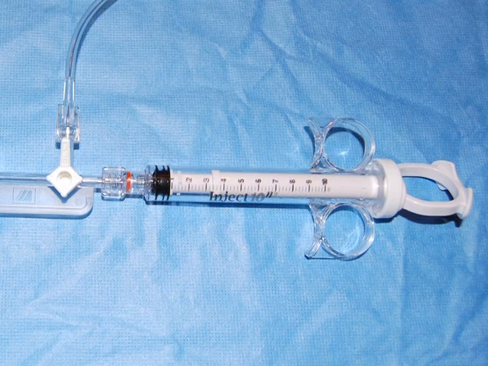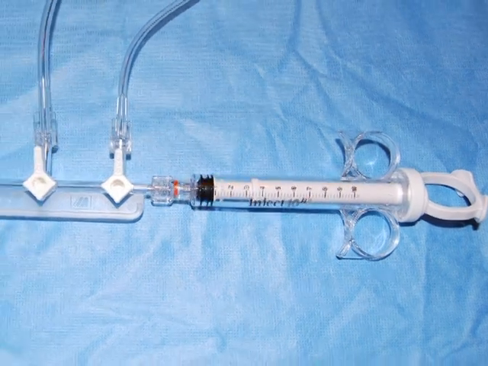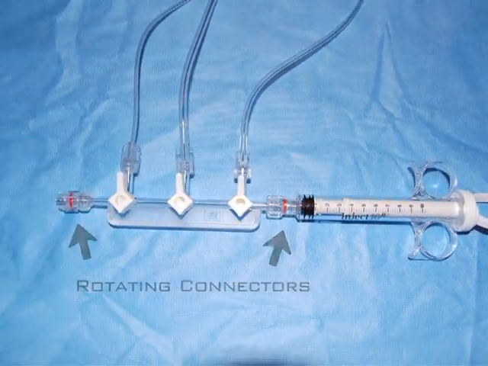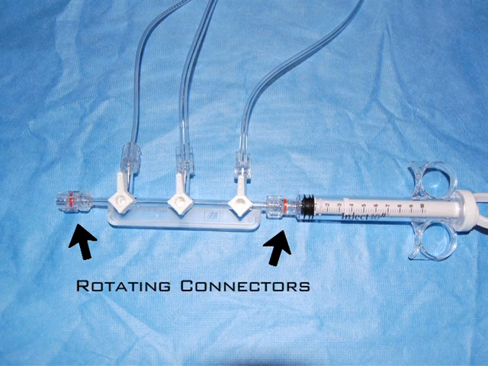The clear syringe is important to appreciate any air bubbles that may be accidentally aspirated, and a rotating connector on each end of the manifold makes this an easy tool to use, permitting flexibility in the operator's positioning.